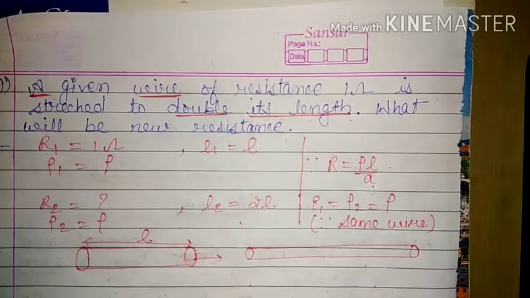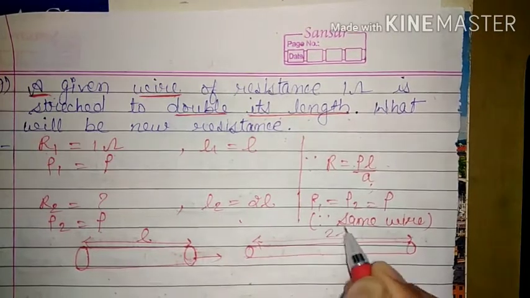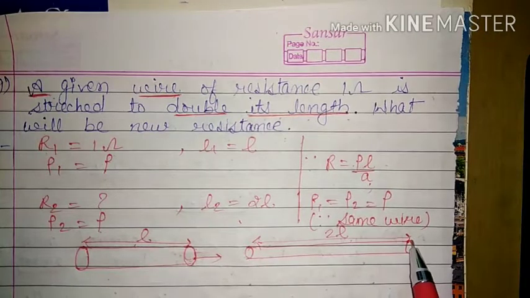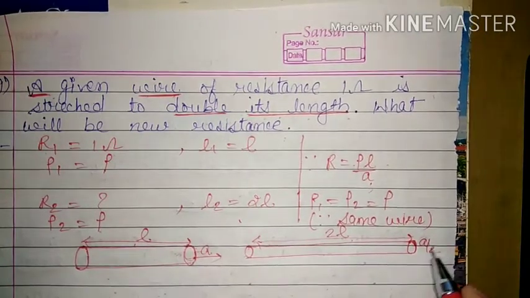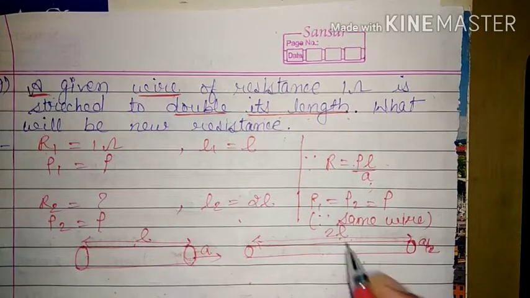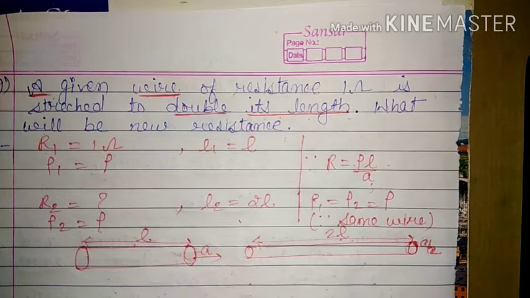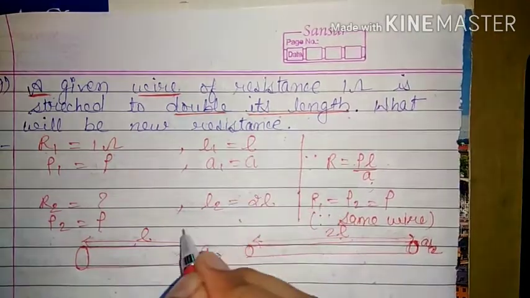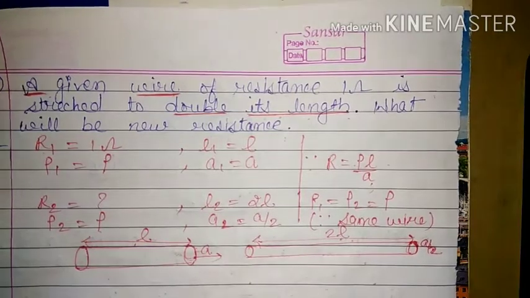Volume of the wire or the conductor is the same. So if you are increasing it from L to 2L, then its cross section area will decrease. If the cross section area was A, then here it will become half, because you have doubled its length. If you imagine it practically, you will get it. So if area is A, then in this case area A2 will be A by 2. So these are the things given.